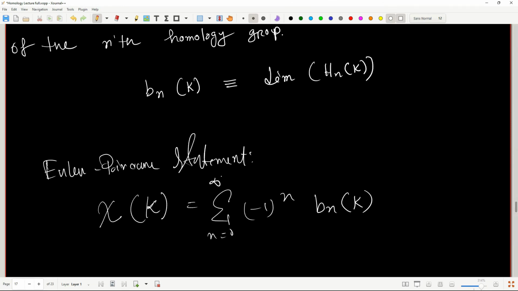Okay, so since we haven't talked about what is a free abelian group, I really don't want to discuss much further. When we talk about free abelian groups, maybe we'll do some computation with Betti numbers as well.